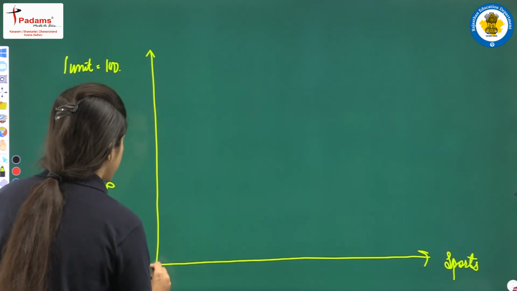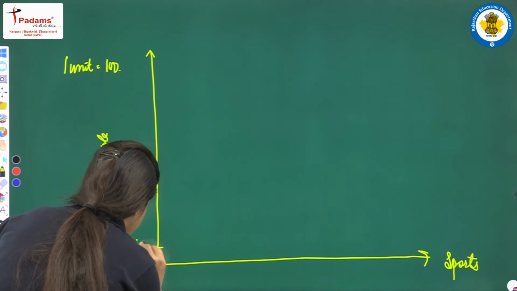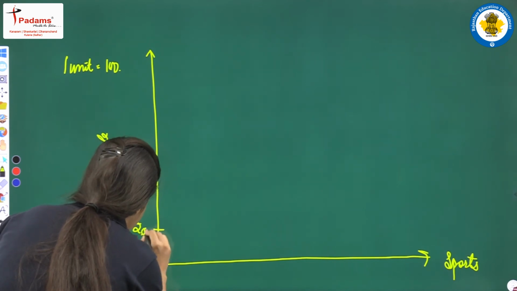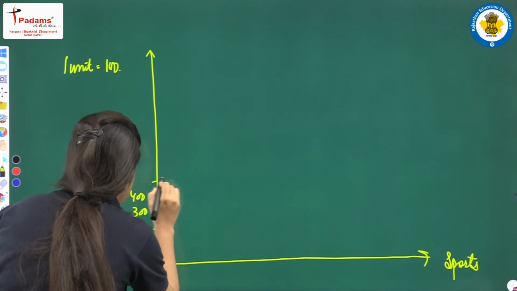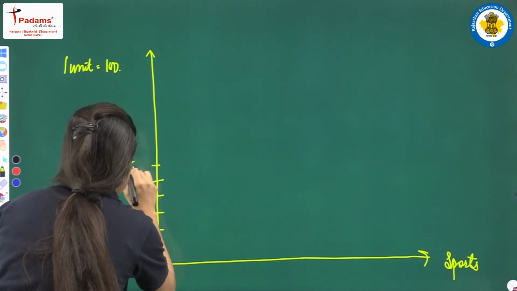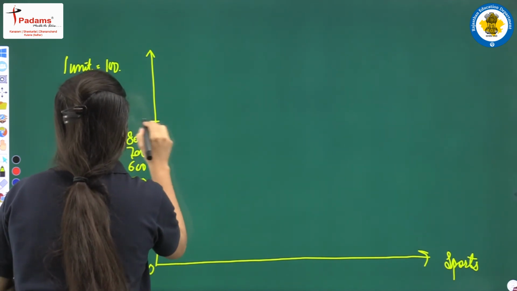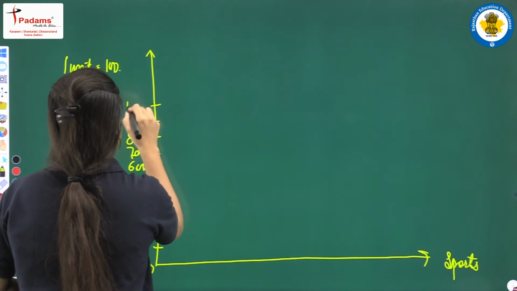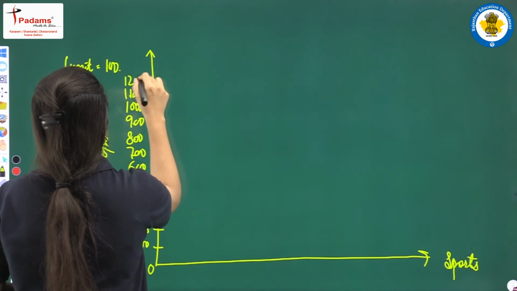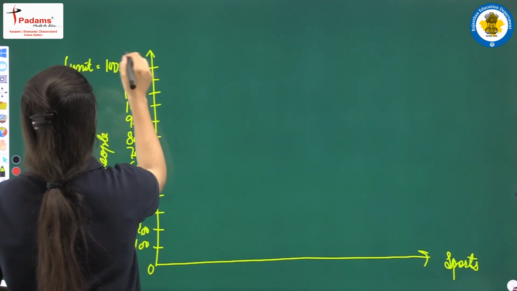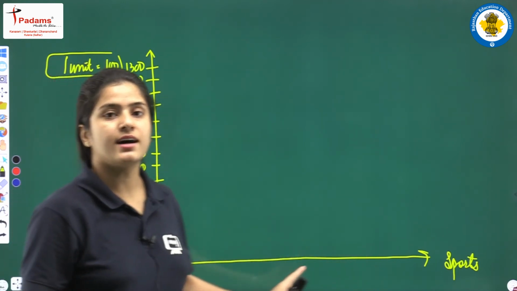We are choosing the scale of 0 to 100, then 200, 300, 400, 500, 600, 700, 800, 900, 1000, 1100, 1200 and 1300. All right students, and here we'll be making the sports.